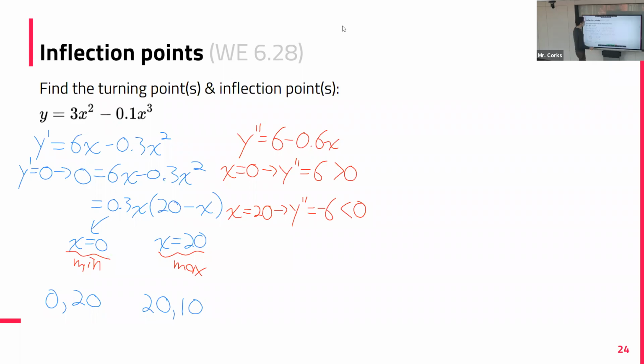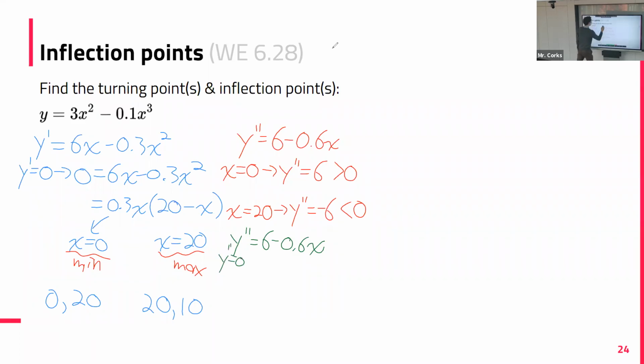Okay. We're not done though, because now we're looking for inflection points. So we'll take, I'm gonna need some space to draw. Okay. So our second derivative, we said is 6 minus 0.6x. Right, so we set this equal to 0.